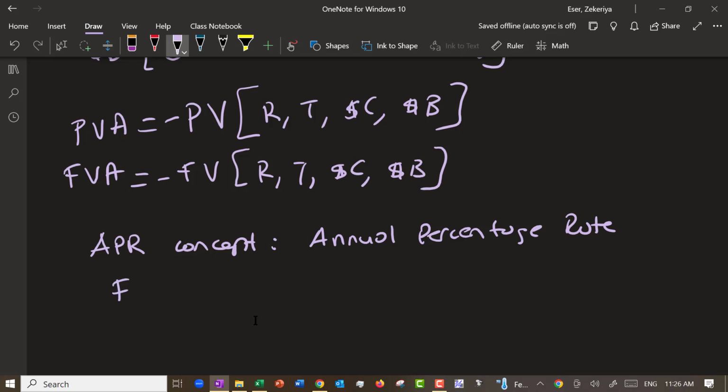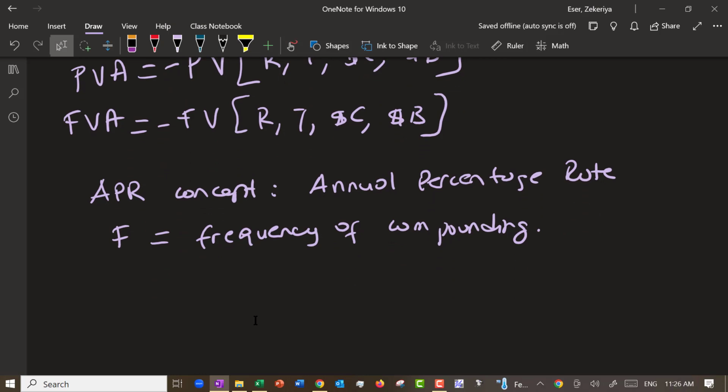We're going to write F as frequency of compounding. So R is going to be APR over F. The reason we use the APR, that's typically how the rates are quoted.